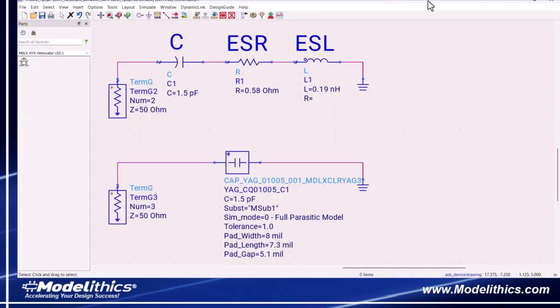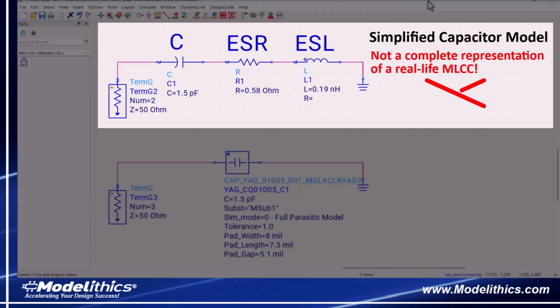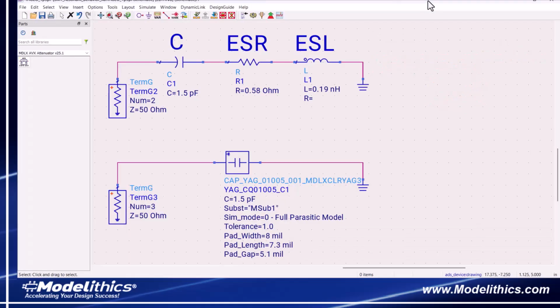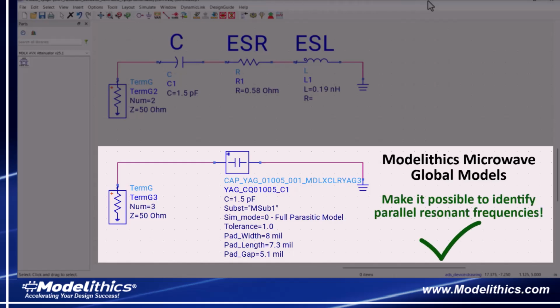So the simplified real-world capacitor model may be effective to some degree, but it is not a complete representation because it omits the parallel parasitic elements. From a designer's perspective, it's critical to know if any parallel resonant frequencies fall within the intended operating frequency range. Modelithics microwave global models make it possible to identify parallel resonant frequencies up to millimeter wave frequencies.